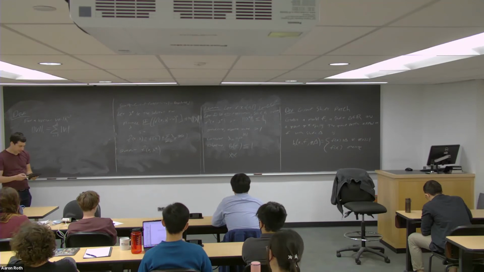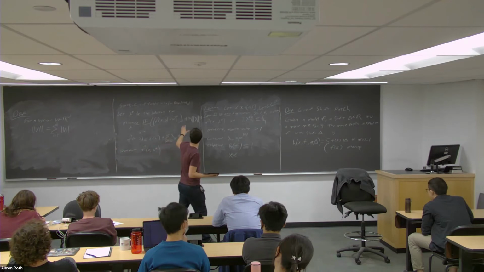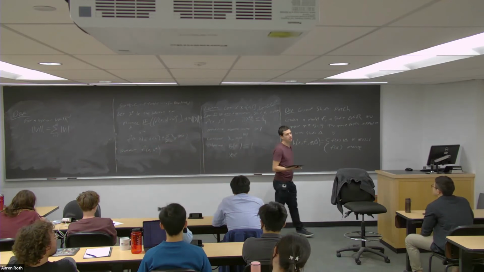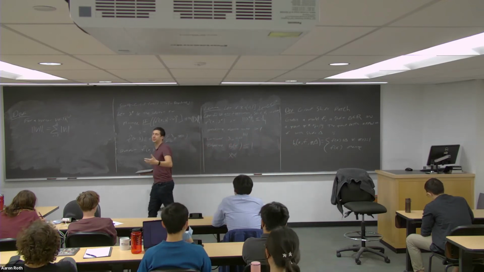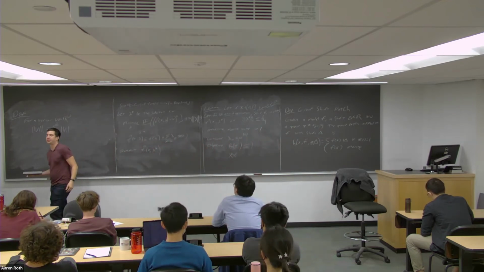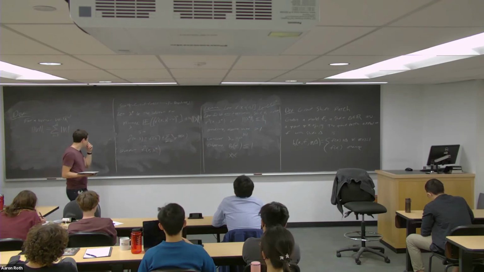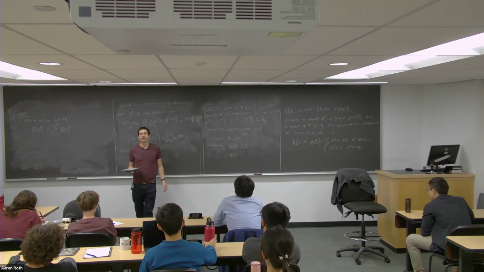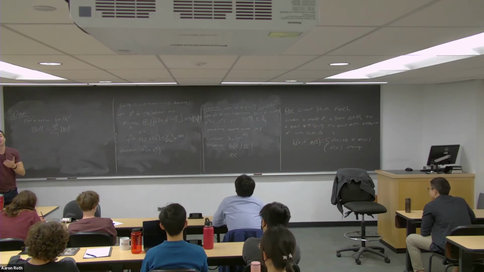We know that this thing is going to output a small norm solution. We want to count how many small norm solutions there are, and the overall strategy is we're going to apply a Chernoff bound for every fixed model, and we're going to count how many models could be output and union bound over all of them.